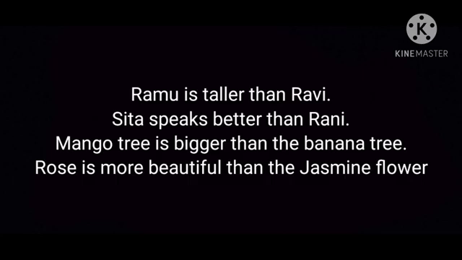Here also you can observe that than follows beautiful and it has more in front of it. So for every word which doesn't have er and est, such words will have more in front of them and also be followed by than. Rose is more beautiful than the jasmine flower.